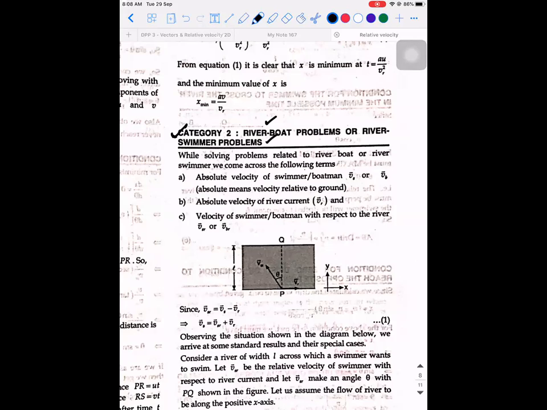I'm just giving you an idea, guys, how you are supposed to think. Whenever you see a question, try to analyze what data you would need to solve that problem. That is what you need to do in the case of these exams. So here, while solving the problems related to river boat or river swimmer, even without looking at the context, can you tell me what are all the details that we need to have in our hand and what is that we are going to deal with?